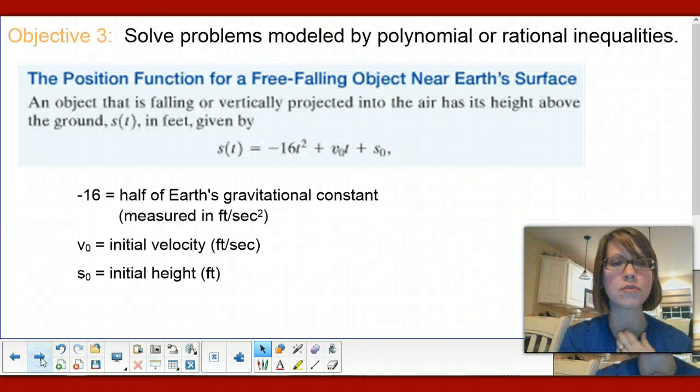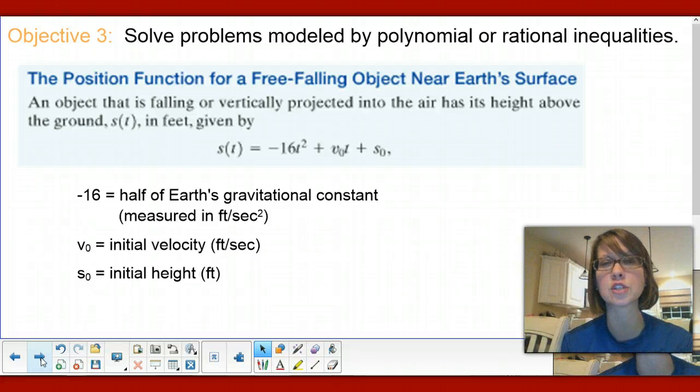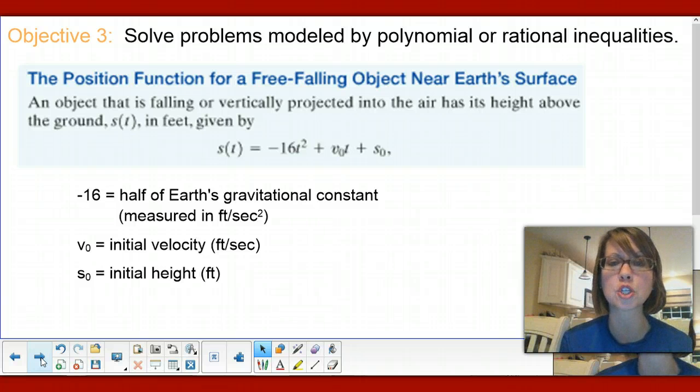Okay, just one other thing that I have to show you. I wanted to take a second to explain a function that we saw last year in Algebra 2, but just making sure we're all good with the V0 and the S0 for this free-falling object function, okay? So S of t is actually the object's height or its position above the ground at a certain time.